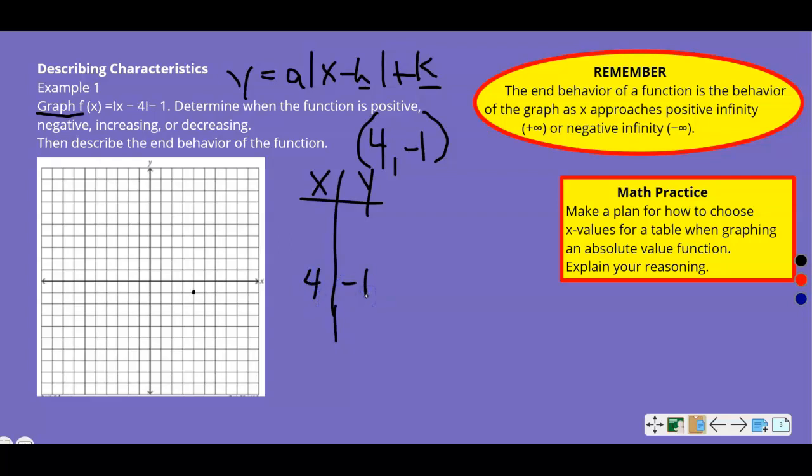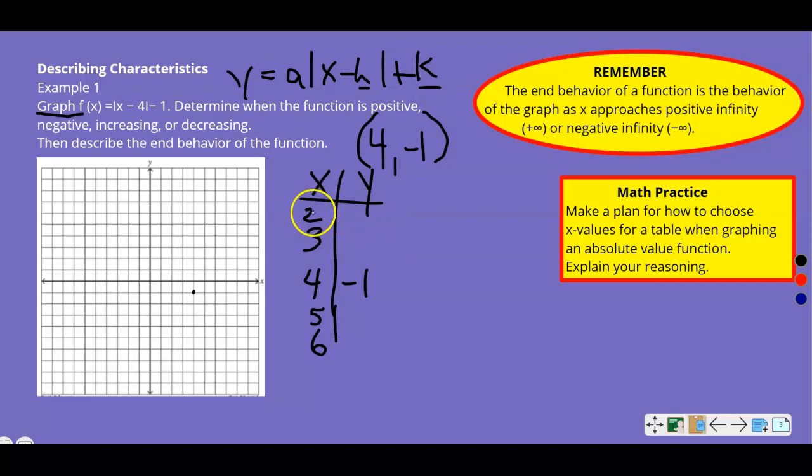For numbers less than 4, we're going to have 2 and 3, and then we need 5 and 6. That gives us 2 points to the left of our vertex and 2 points to the right, so that we create the V-shaped graph. That's very important when you're looking at quadratics or absolute values, so that you get that symmetry and get to see the whole function.